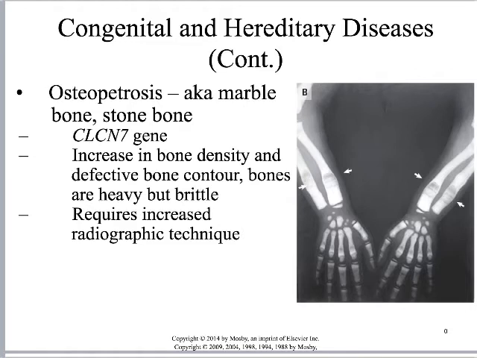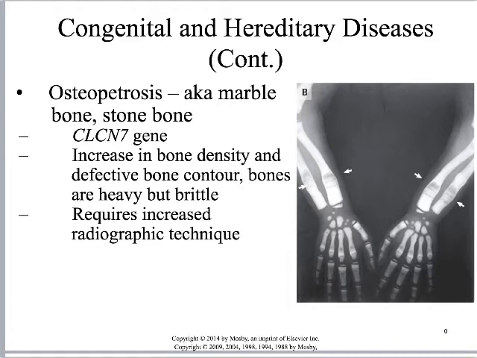So right there inside this, it's telling us this is marble bone, or sometimes called stone bone. It means that there's an increased bone density and defect in bone contour. And the bones are heavy, but they're also more brittle, right? So they're more dense. This will require increased radiographic technique, right?